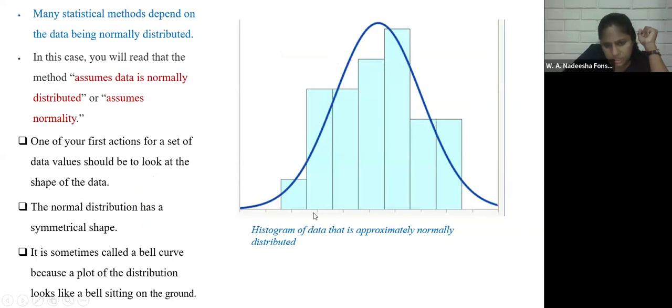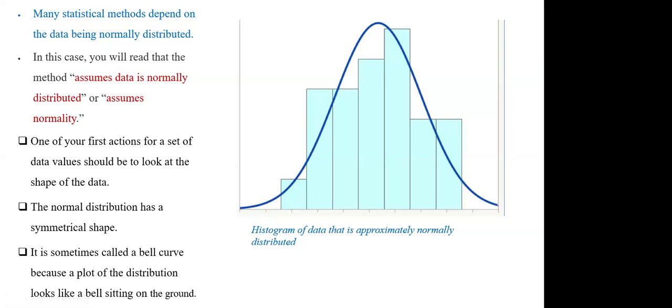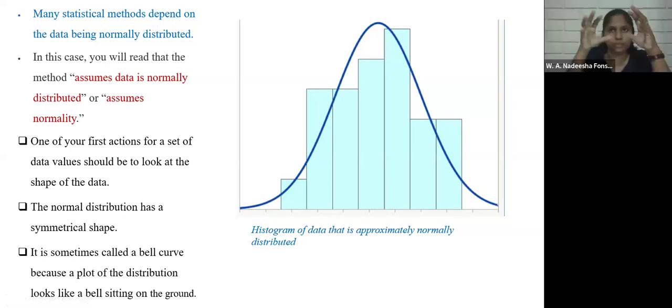In this histogram, it denotes the practical data. When we overlay the normal distribution curve, as I said earlier, we can see that small parts are away from this normal distribution curve.